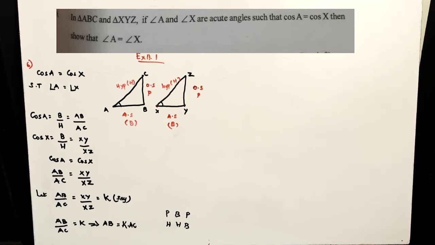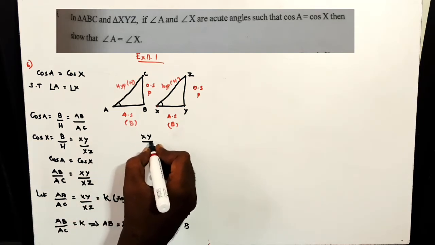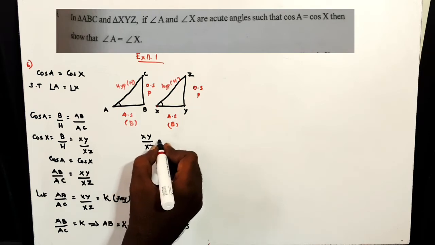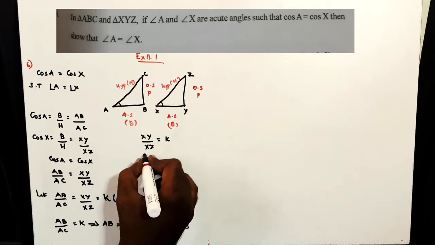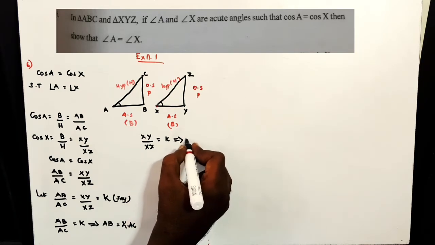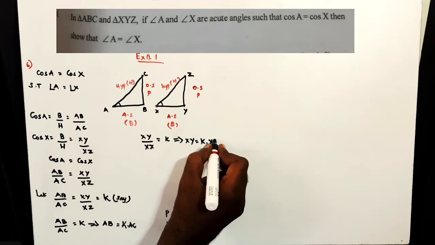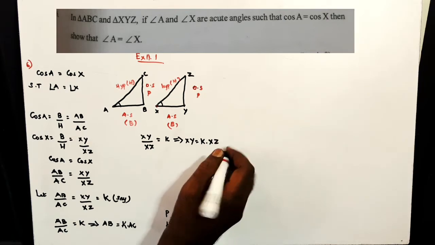Now for the second one, XY by XZ is equal to k, which implies XY is equal to k into XZ. Why are we writing all these terms? Let us see.